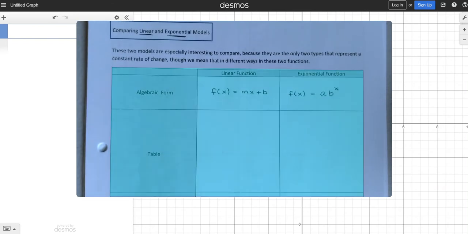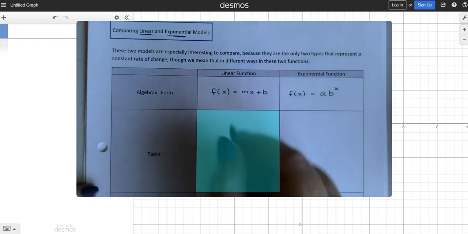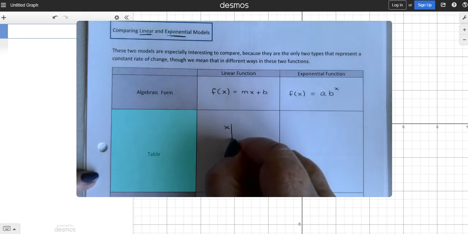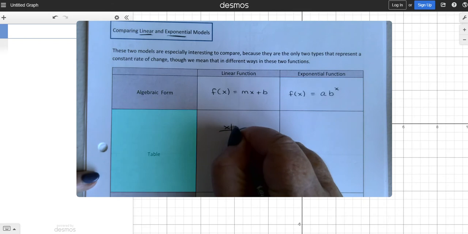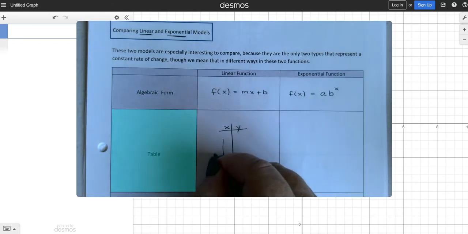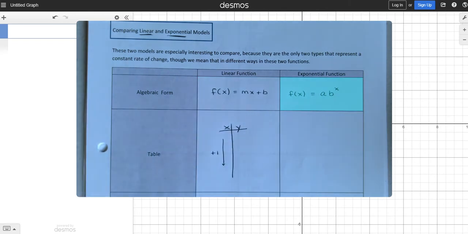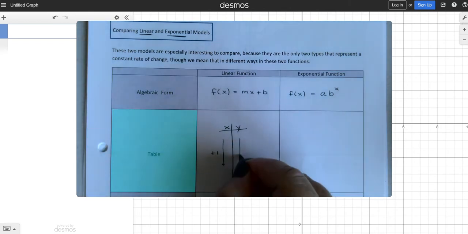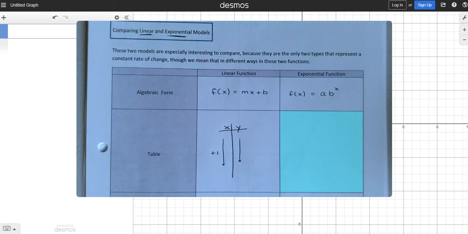All right, where those constant rates of change really come out is when you make tables of values for these functions. If I make a table of values for a linear function, and my x values increase by 1, then I know the y values will change by the value of the slope.